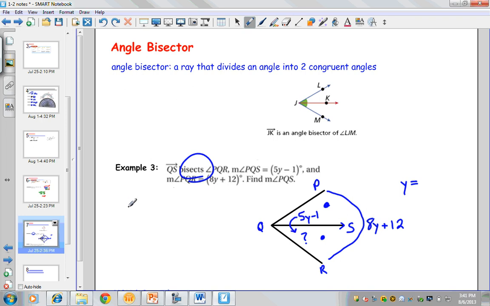So I can set it up as 5y minus 1 plus 5y minus 1 equals 8y plus 12. That's one way you could set it up. Or you could say, since this is double, 2 times (5y minus 1) equals 8y plus 12. Whichever you're comfortable with is okay. But I'm just going to stay with the top here.